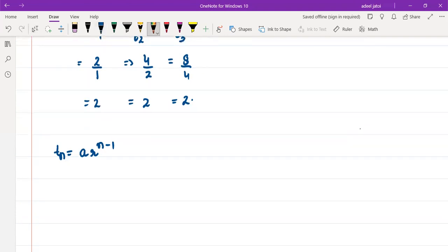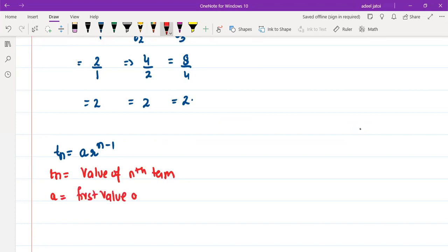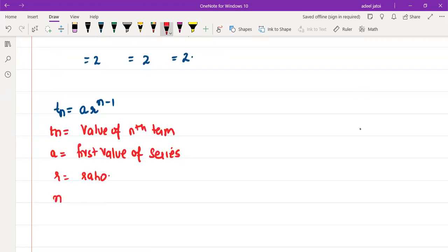Now, in this, your Tn represents the value of the nth term. Your A represents the first value of the series. Your R represents the ratio. Your n specifically represents the nth term that is required.